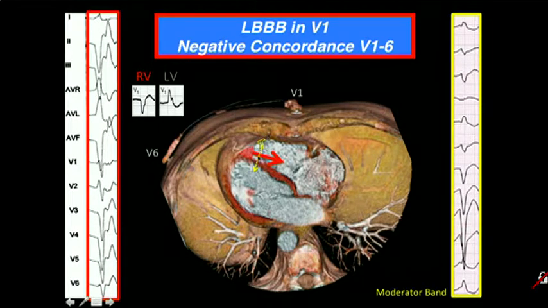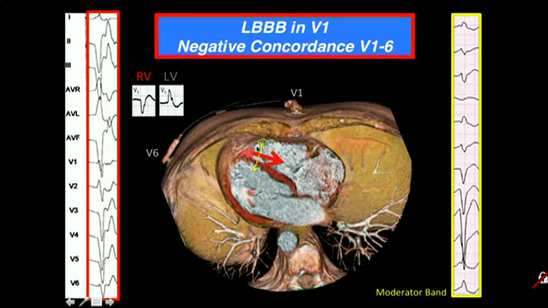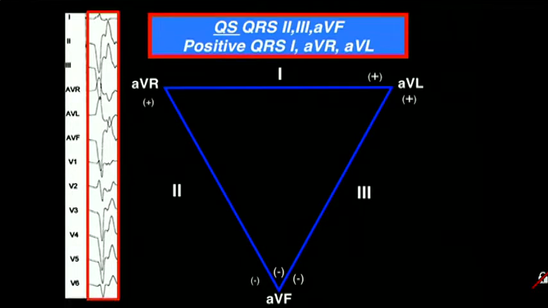I hope that you can see the image here. We can see the moderator band, very small on the CT, and I try to understand it to be able to differentiate them. If we have something purely apical, everything is negative. If something is originating in the moderator band, part of the activation goes towards V5, V6 with a late transition.